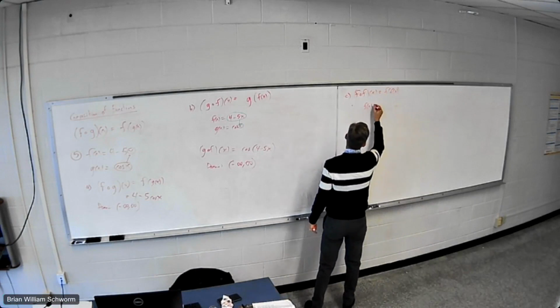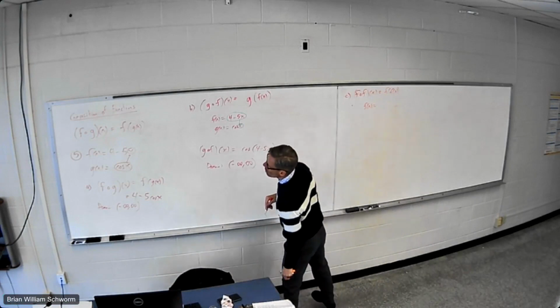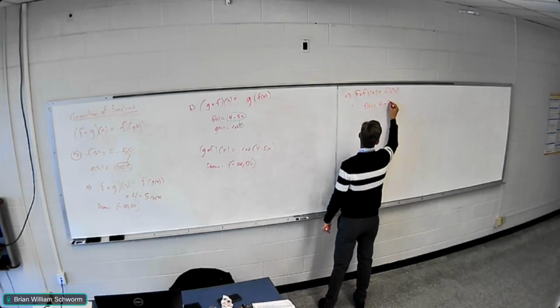The F function has the formula 4 minus 5x.